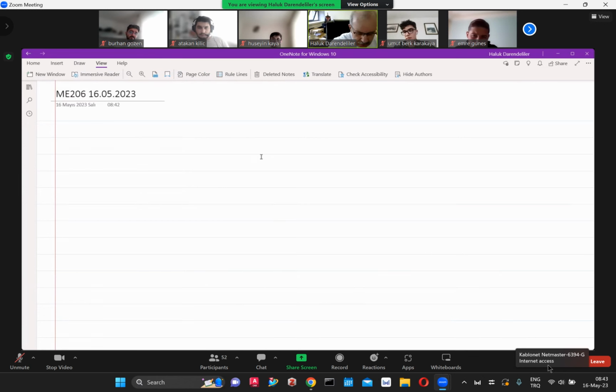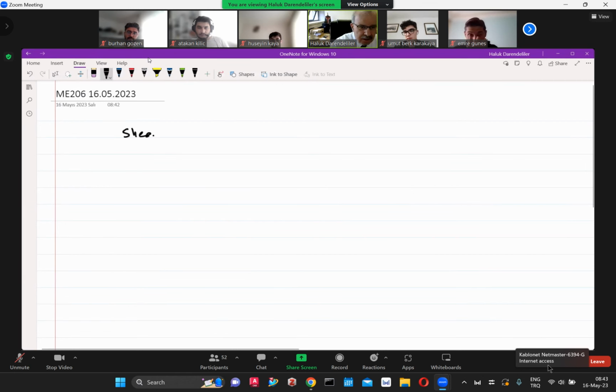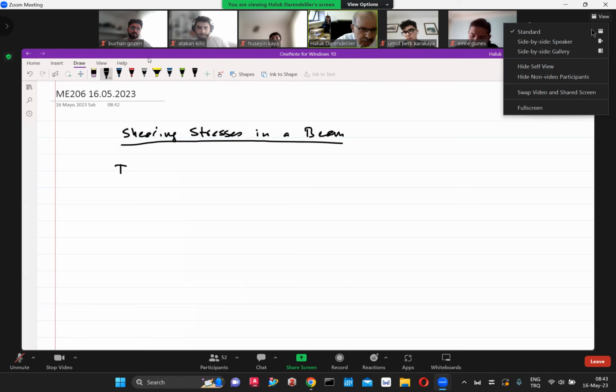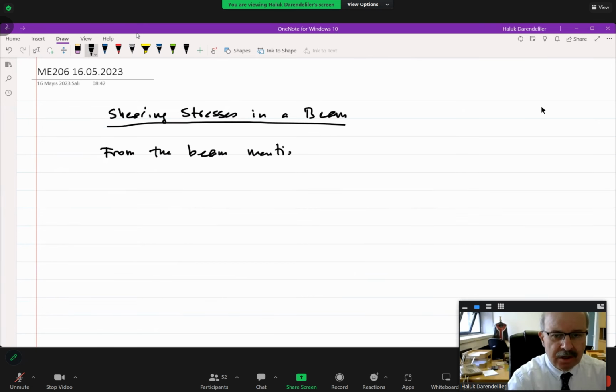Probably you remember the equation Q, but anyway, now we will be talking about the shearing stresses in a beam. From the beam which we discussed, let's take the lower portion.